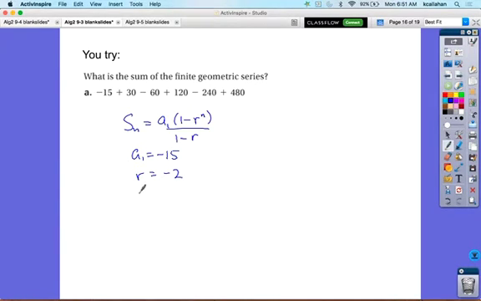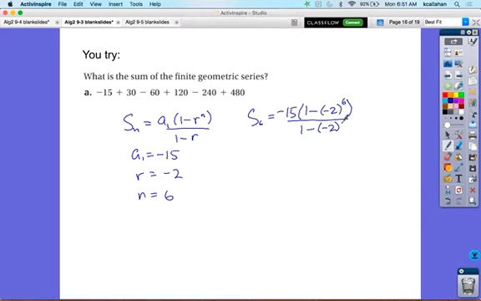And the number of terms, well, we can count them. There's 6. So S6 equals negative 15 times 1 minus negative 2 raised to the 6th, divided by 1 minus negative 2.